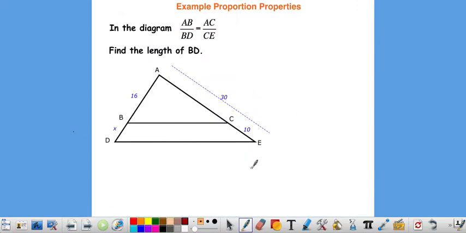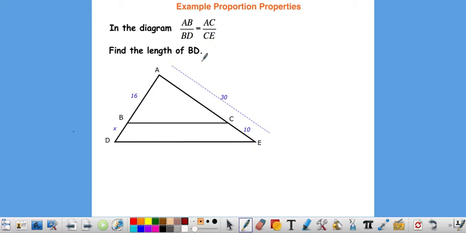This is just kind of an example proportion problem for geometry. We're given this picture. We're told that AB over BD is equal to AC over CE. In other words, AB and BD are proportional to AC and CE. So you have this long side over a short side is equal to this long side over that short side.